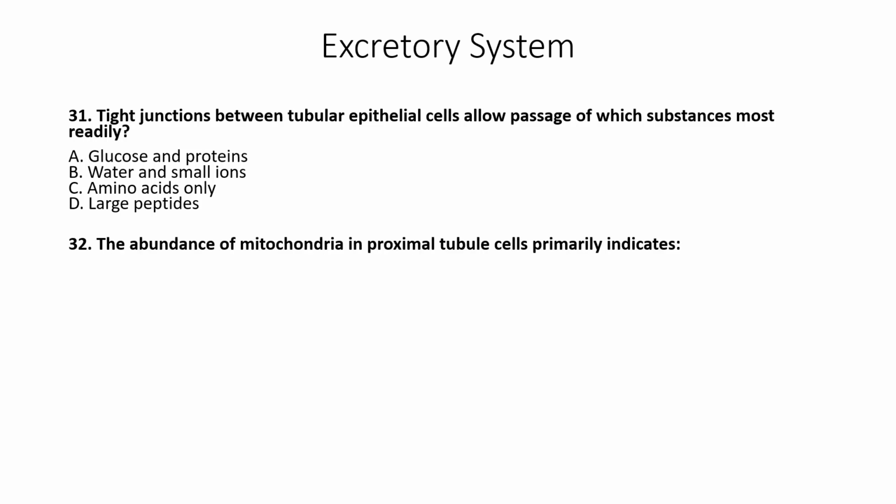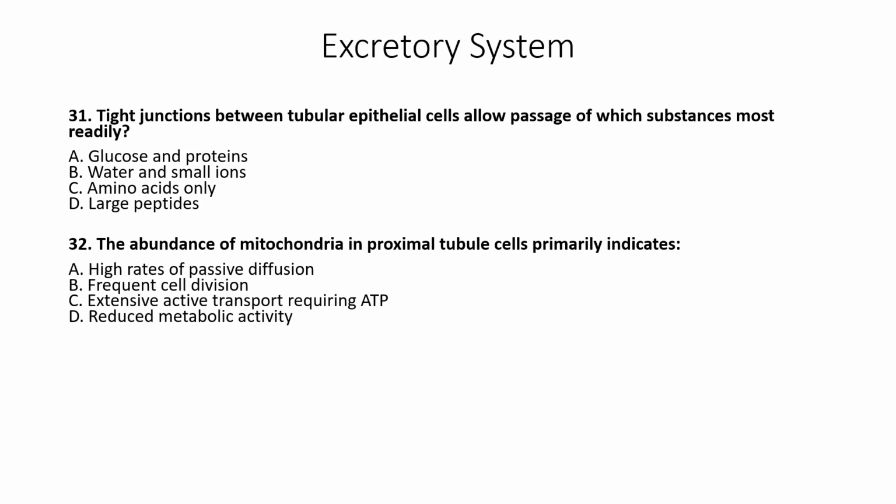All right. The abundance of mitochondria in the PCT, okay, the proximal tubule cells, primarily indicates which of these? So this one is more of a cell biology question, but it does talk to the physiology as well. So tell me what you guys think.